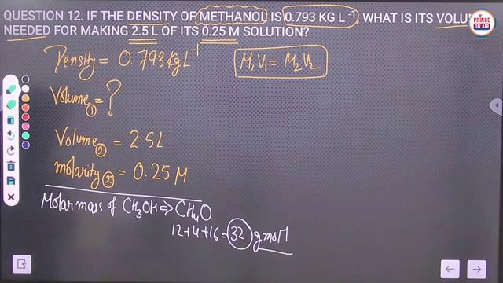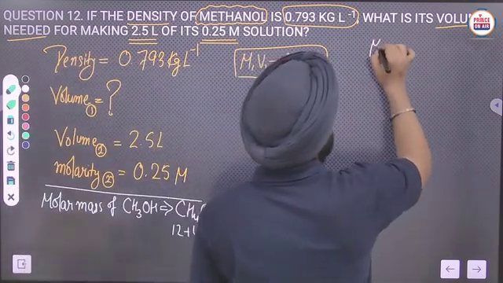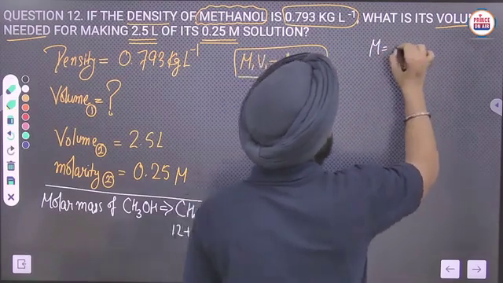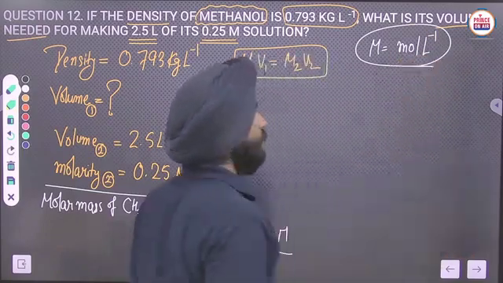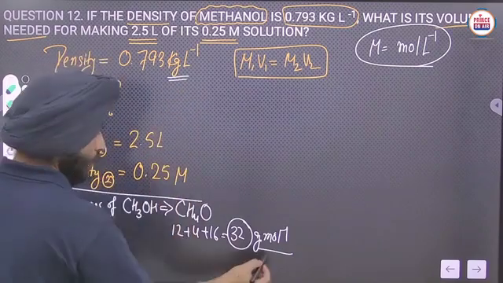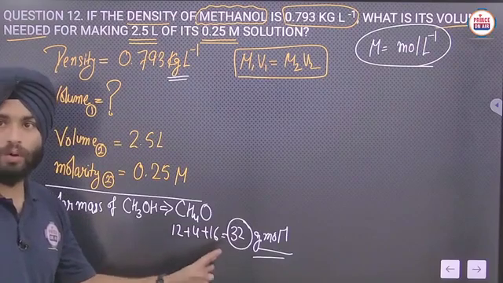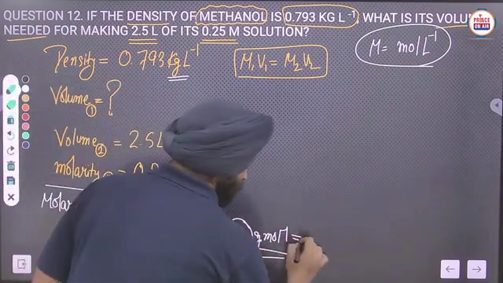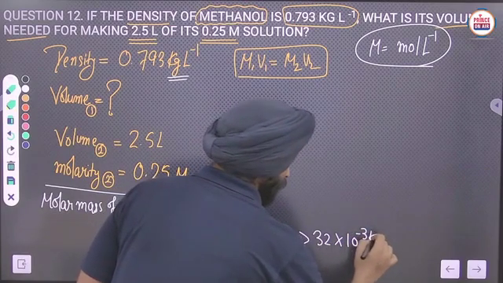Now the molarity of the solution we have to calculate. In molarity we are using the unit mole per liter. In the previous numerical we have done this. If you change gram per mole into kilogram per mole, you will get 32 into 10 raised to power minus 3 kilogram per mole.